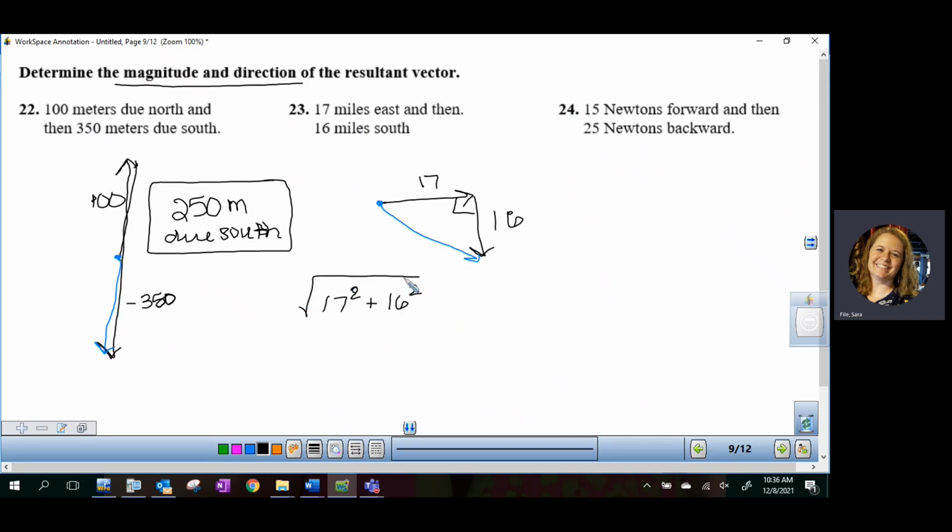Or you can think of it just as component form. The horizontal component is 17, the vertical component is negative 16. Okay, but we calculate this to get the magnitude. So the square root of 17 squared plus 16 squared comes out to approximately 23.35. And this is miles.